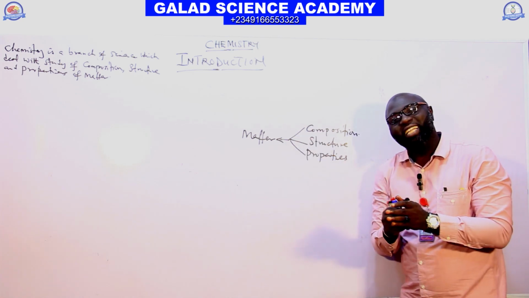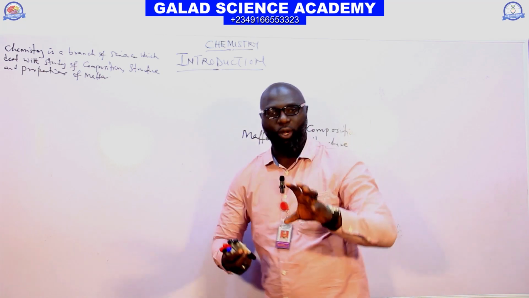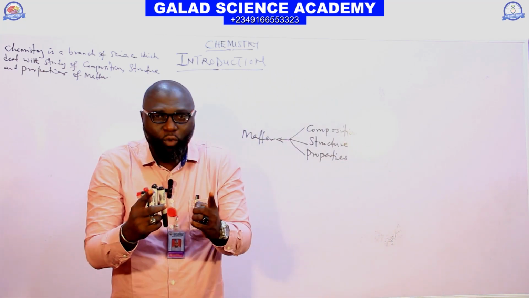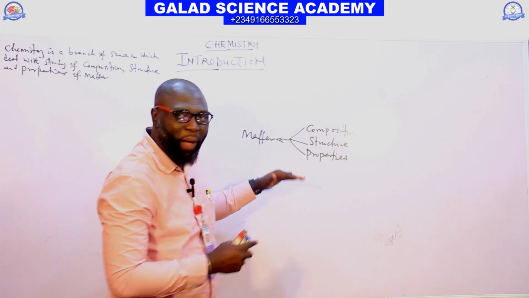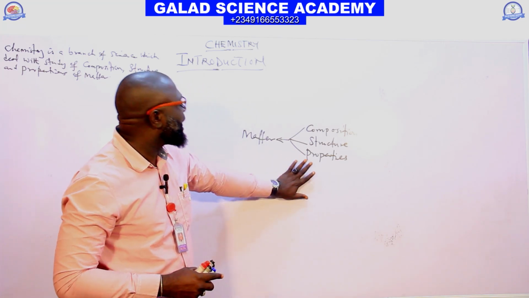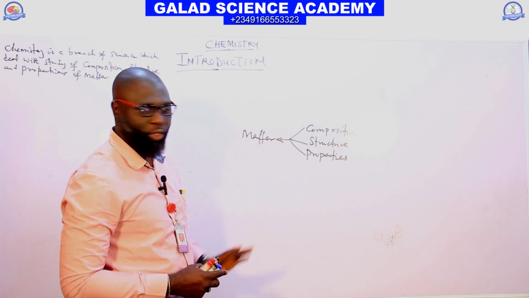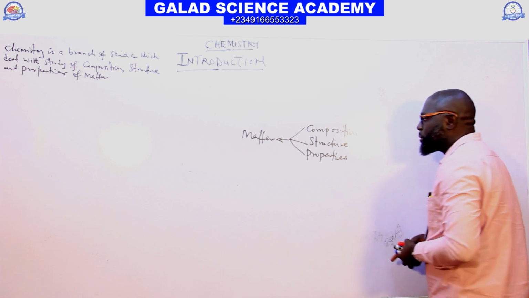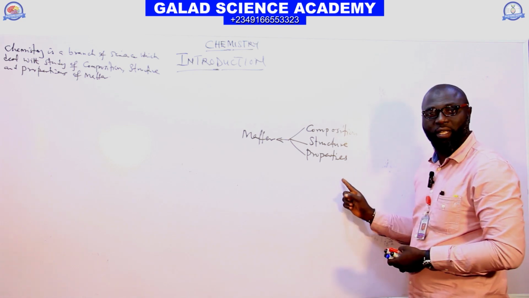The science aspect that has to do with what are the components of matter, what is the structure of matter, and what are the properties of matter. That is chemistry. And these three components here, composition, structure, and property.